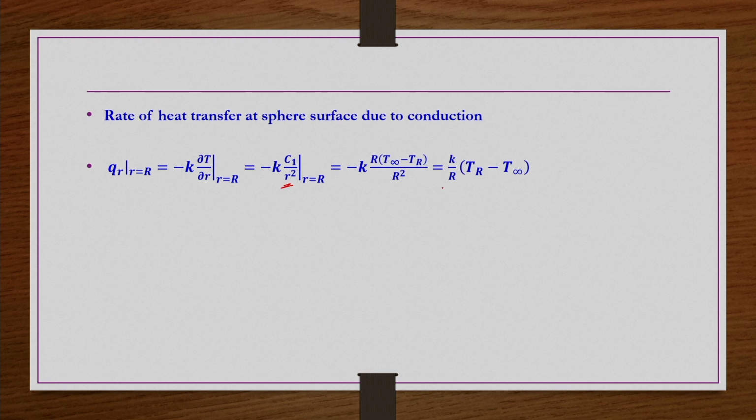So, that is K by R TR minus T infinity, which is nothing but the rate of heat transfer at sphere surface due to conduction.